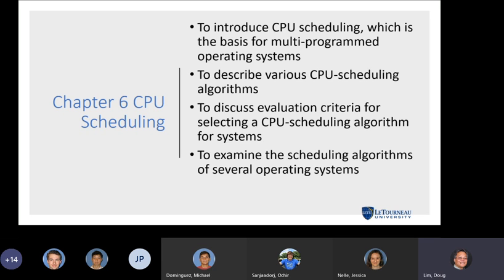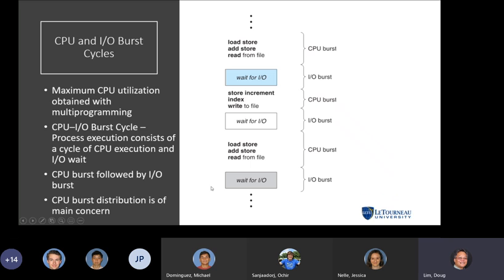We describe various CPU scheduling algorithms, and we discuss and evaluate the criteria for selecting particular algorithms and when they're most efficient and when they're not such a good idea. And then we examine the scheduling algorithms of several operating systems. I don't know if I will go into that one. We probably will not cover that, but we'll see how it goes.